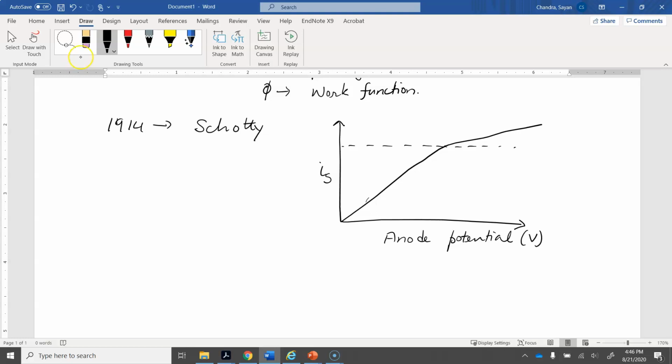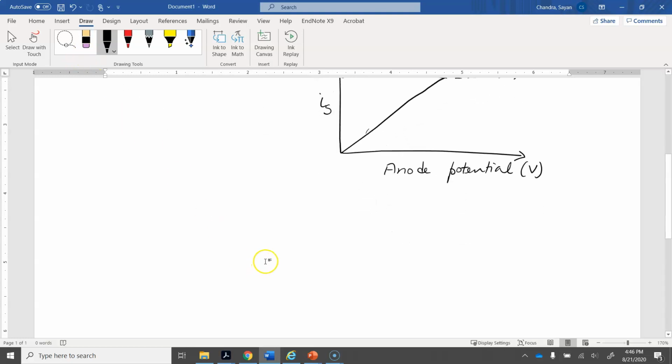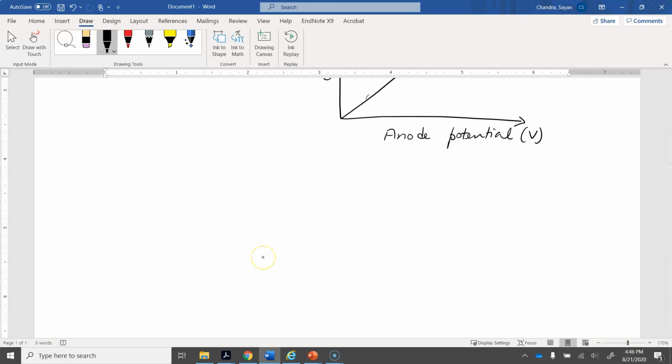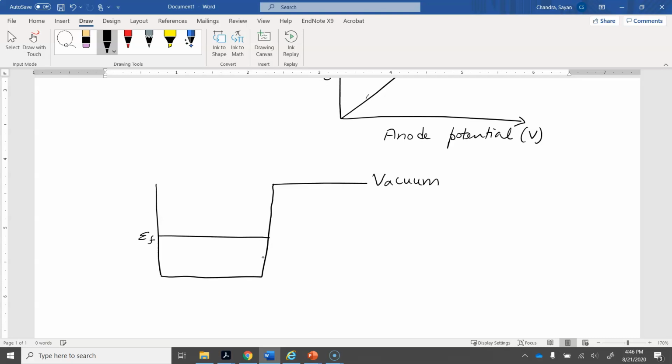So now let's look at the simple band structure, the simplest band structure to understand what thermionic emission is. You can draw it like this, where this is your vacuum, and then you have electrons up to a certain level, which is your Fermi energy.